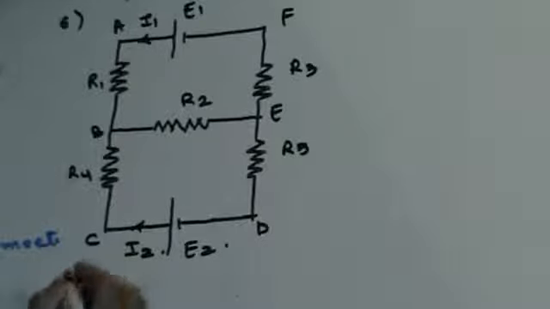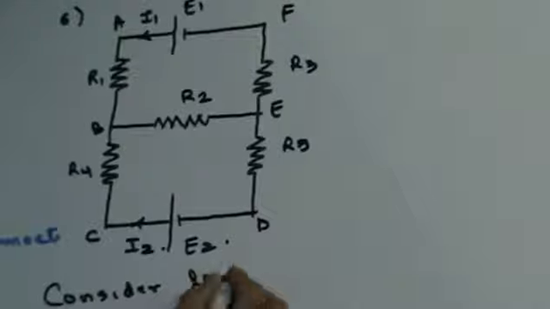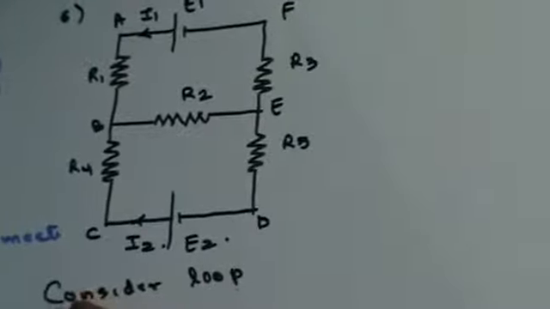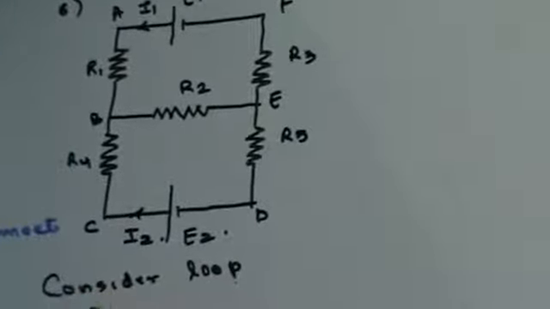I'll take one loop at a time. Let's consider the loop A, B, C, D, E, F, A.